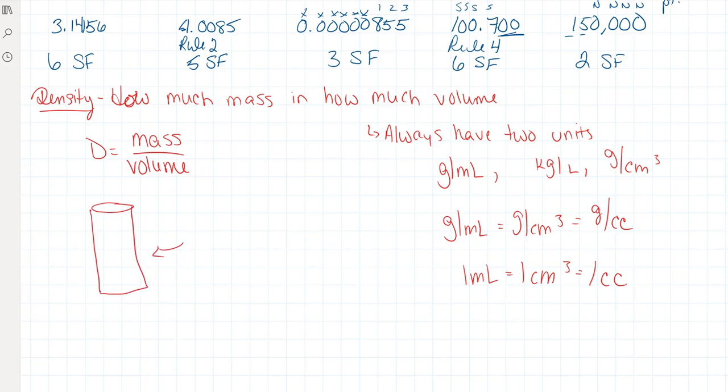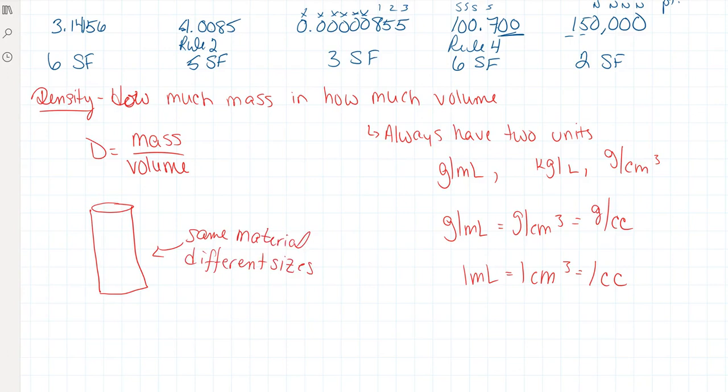These cylinders will all be made out of the same material, but they'll be different sizes. You're going to take some measurements of the mass and volume of each cylinder to determine your density.